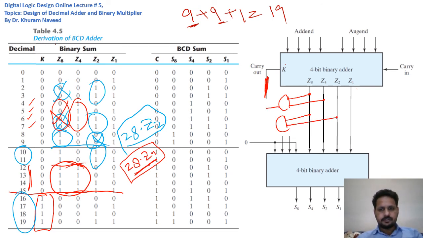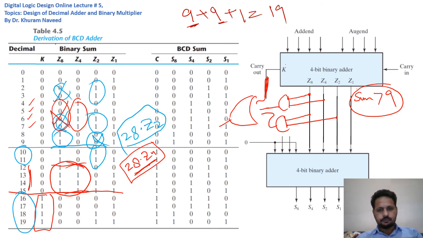So whenever any of these outputs is 1, it means we have detected that the sum is a number greater than 9, right? And in that case, we need to add 6.